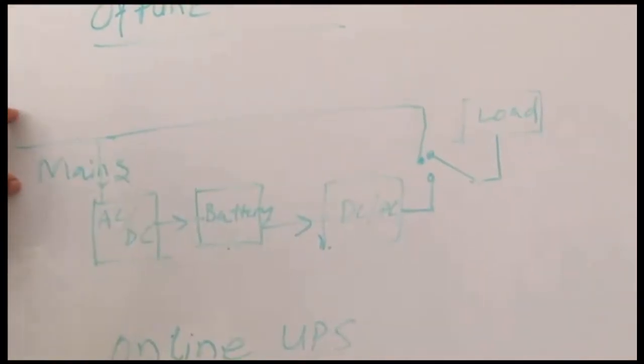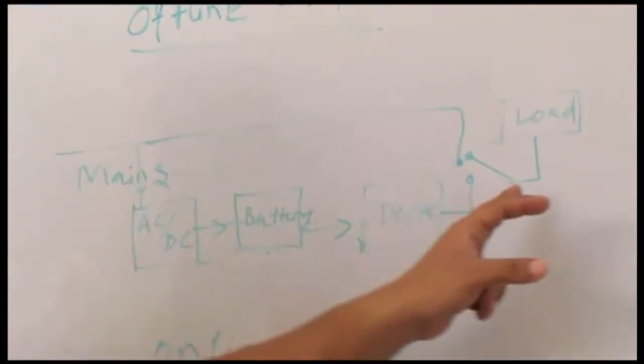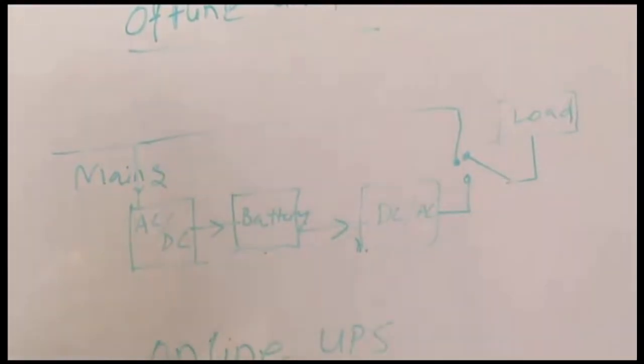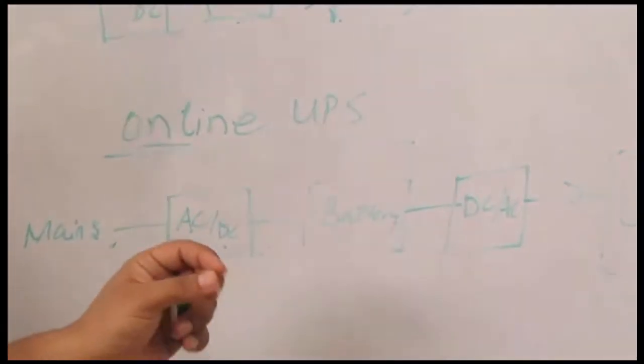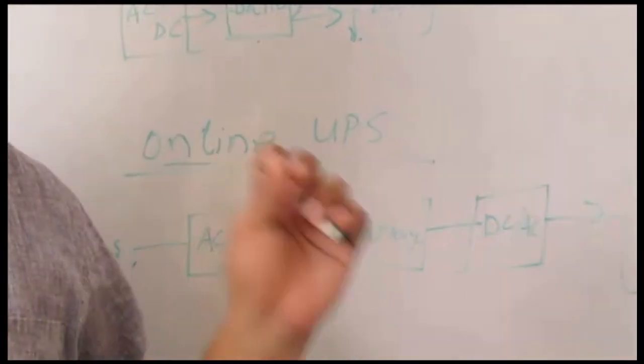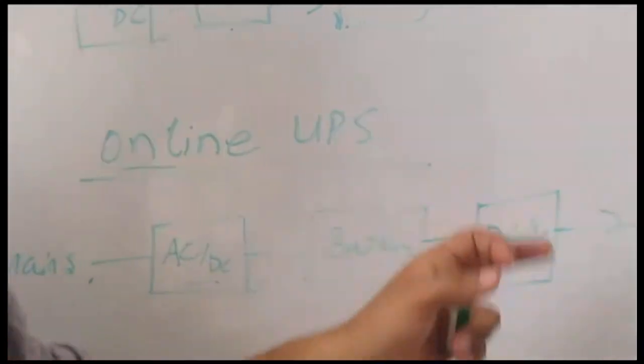And if the frequency varies from 49 to 51 during the mains on condition, here also the frequency will vary. But in this case, the load will always get a configurable voltage and frequency, and this online UPS is mostly used for dedicated industrial applications.